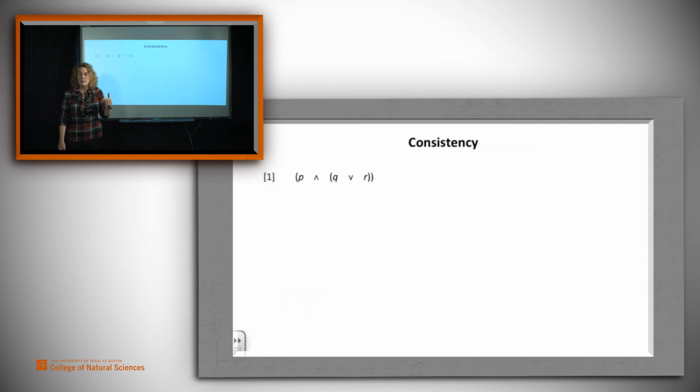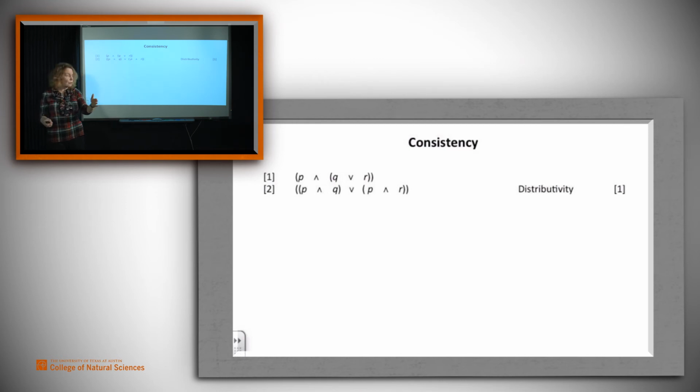That means that there's one thing that's really important if we do try to do substitution, and that is that we're consistent. So if we have that p and (q or r) is equivalent via the distributivity property that we've proved to this, and we go to substitute some other expressions for p, q, and r, we have to make sure, since, for example, here p occurs twice, that if we do substitute something else for p, we do it in both places.